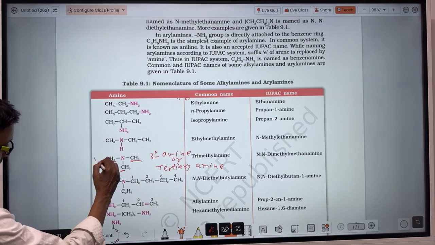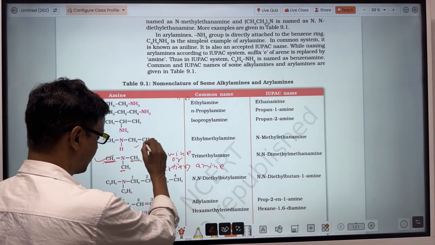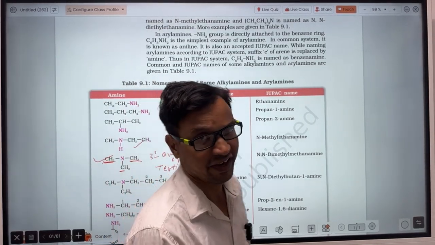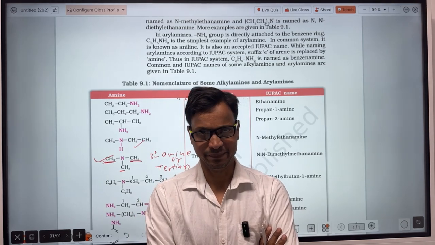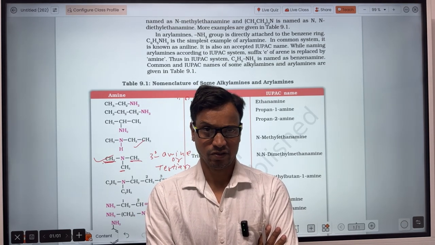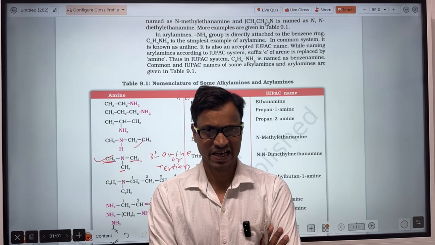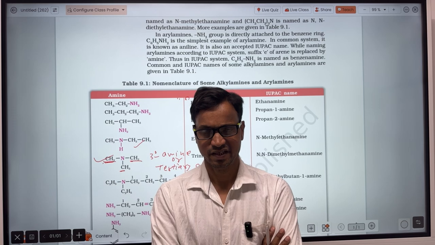When you have to write the common name, okay, here also I have not taught you the IUPAC name yet. Whenever we have to write the common name of a secondary amine or tertiary amine, then we will have to consider alphabetical order.